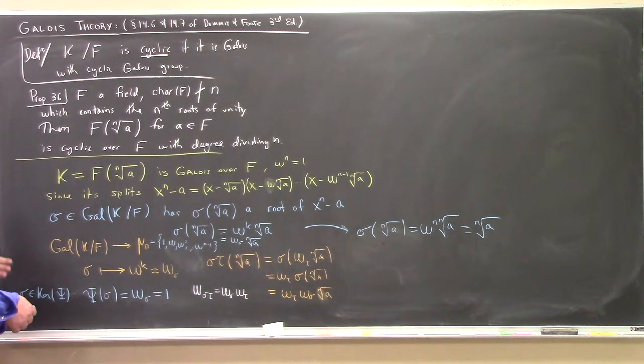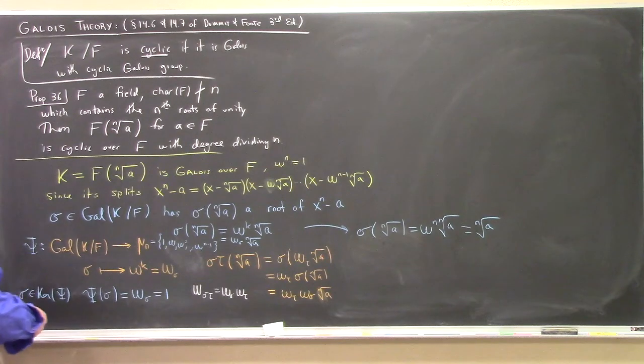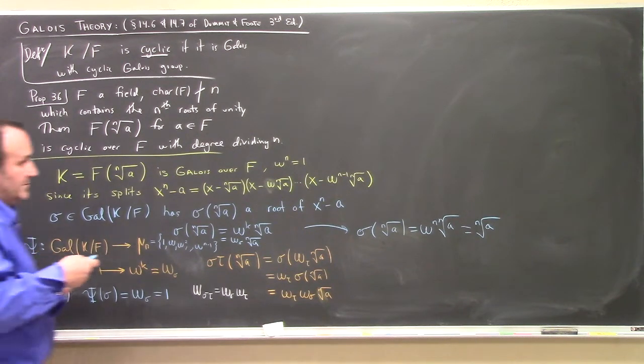So the point then is that psi is this mapping from here to there, right? And then the first isomorphism theorem tells us what?